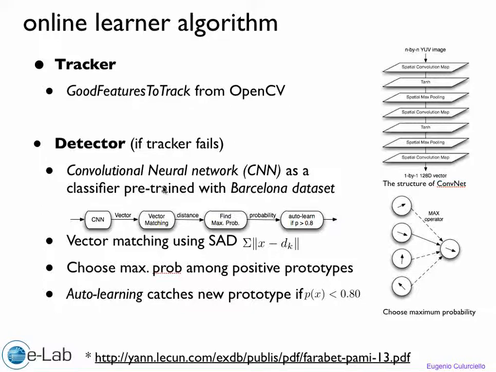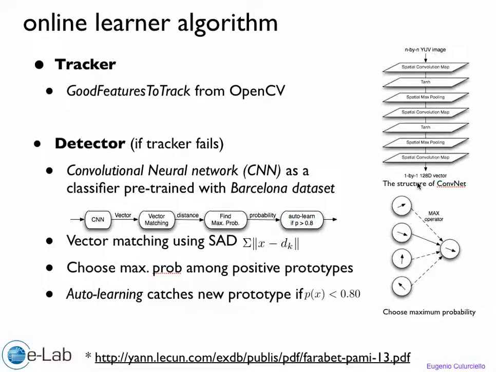The convolutional neural network was trained with a large data set, as you can see in this paper here. It has this kind of organization: spatial convolution map, tanh, spatial max pooling, spatial convolution map, tanh, spatial max pooling, and spatial convolution map again.